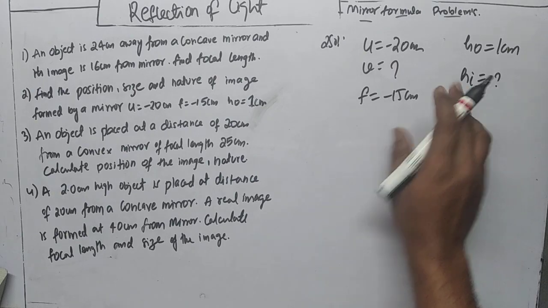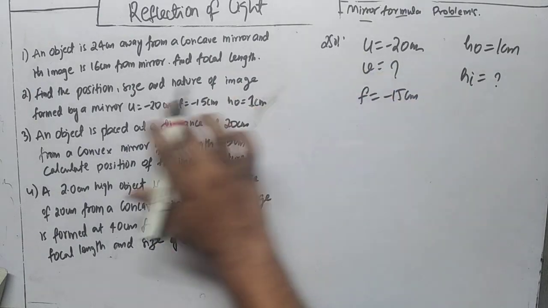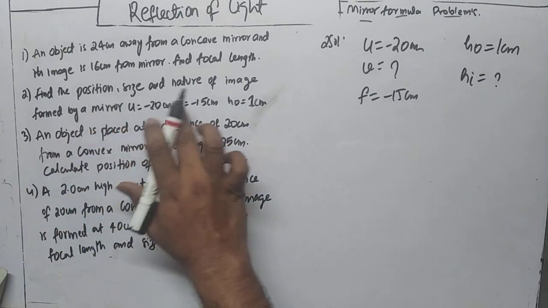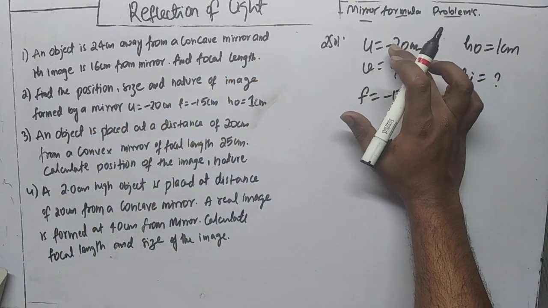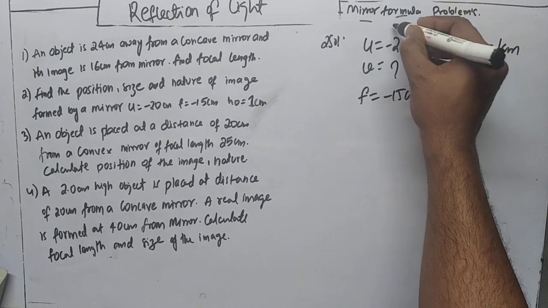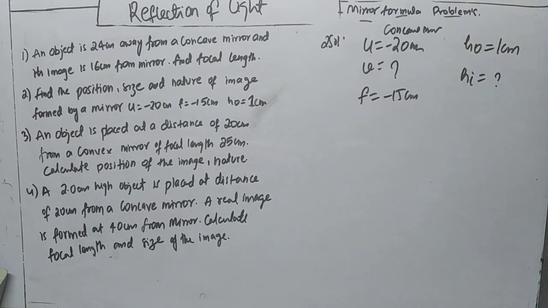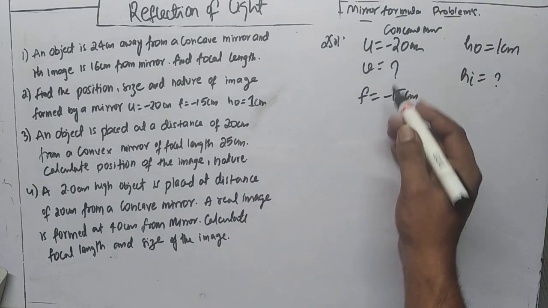First, find the v value. They have not mentioned the mirror name, but from the signs, u and f values are negative, so it is a concave mirror.